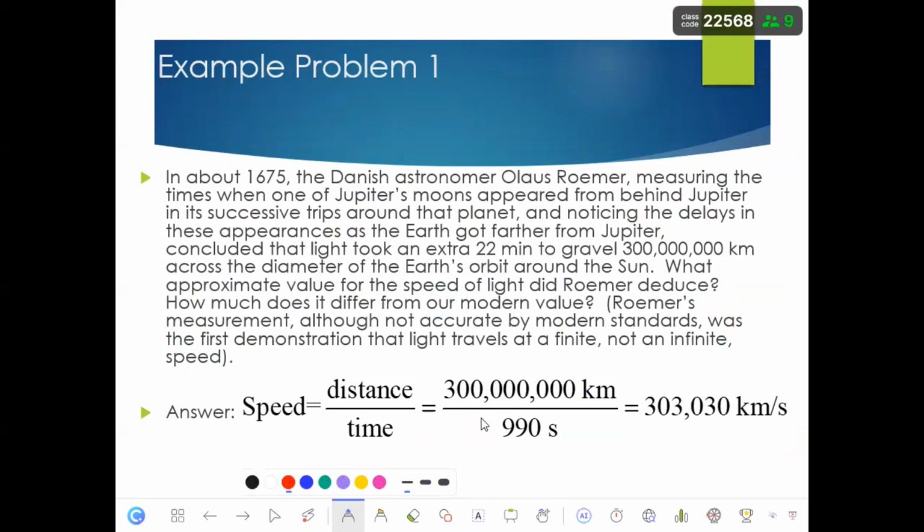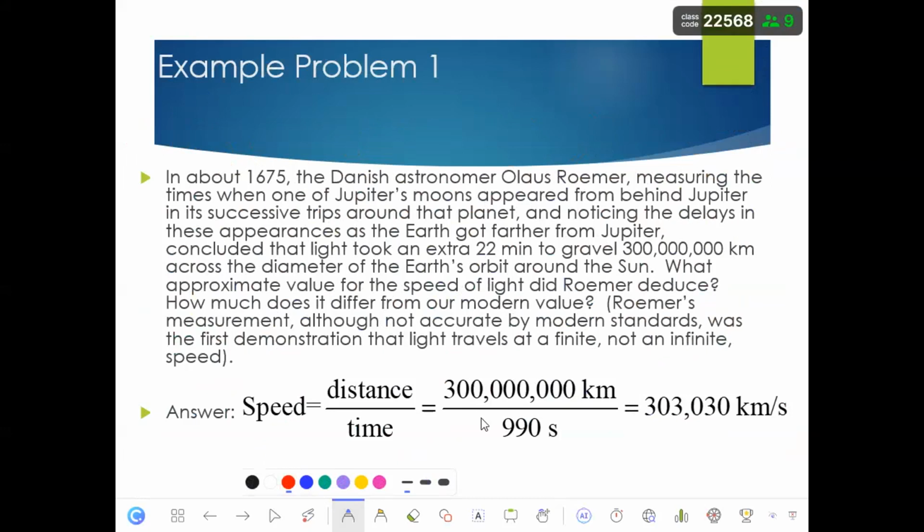Jupiter's moon acts like an opaque material. The sunlight, when the astronomer saw the light, he was able to use this calculation to calculate the velocity of the light.